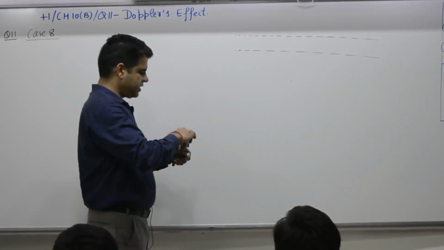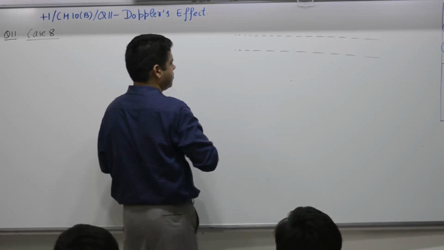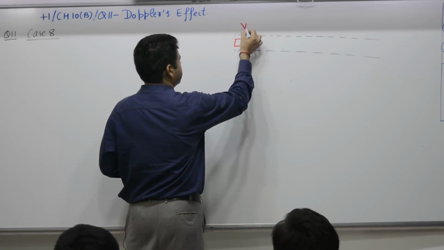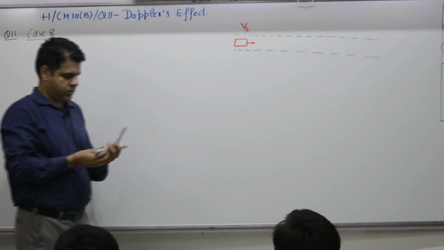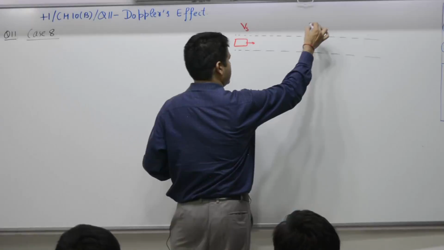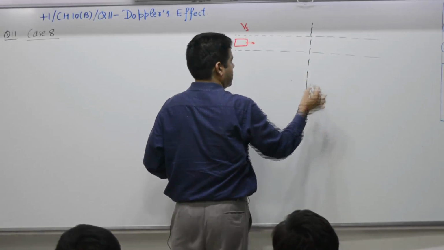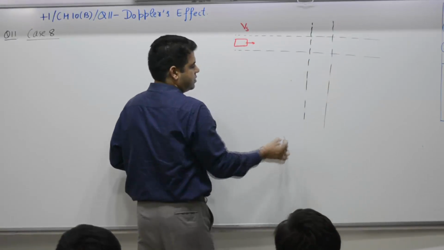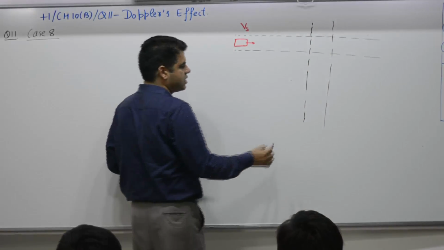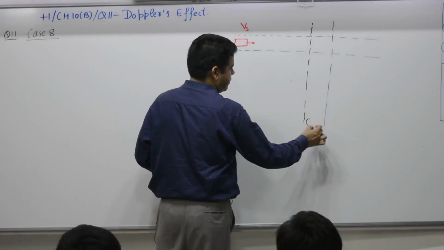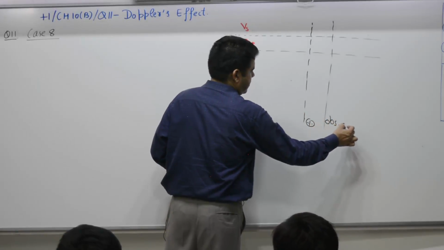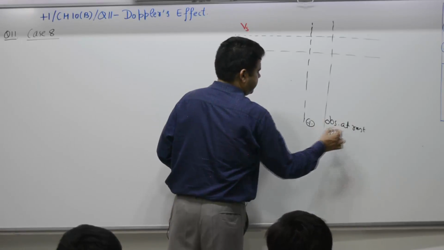On this railway track, there is a train moving with speed Vs. And there is a road. Suppose there is a queue here, a number of persons waiting, a number of vehicles, cars, and there is an observer at rest.